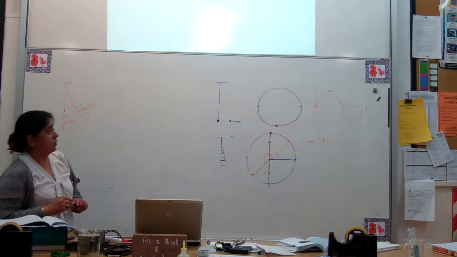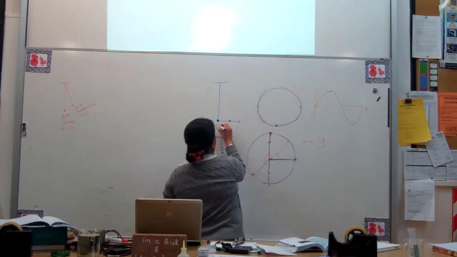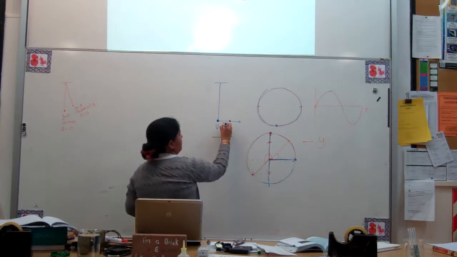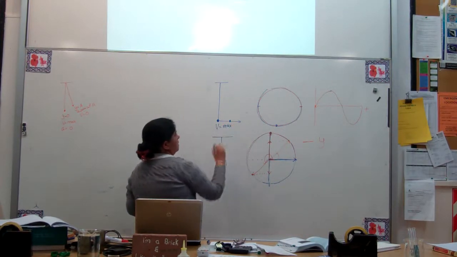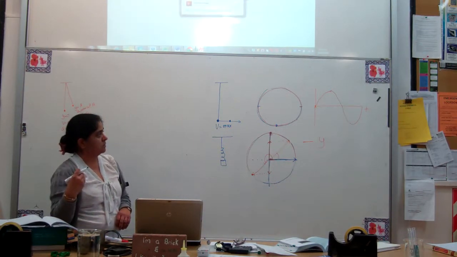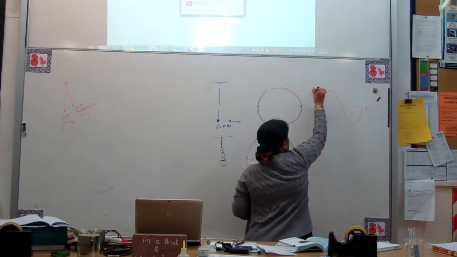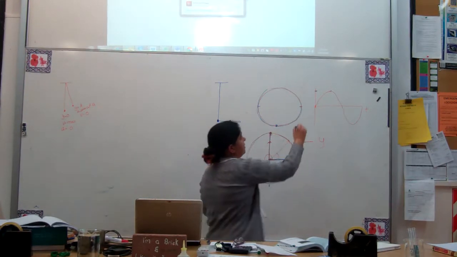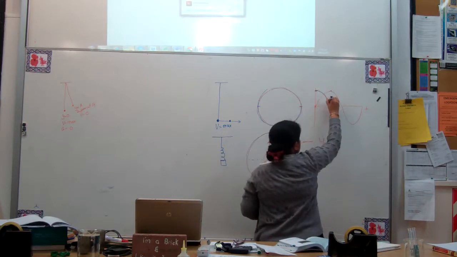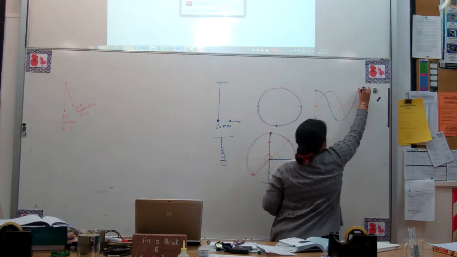If I have to show now velocity on here, what is velocity at equilibrium? Maximum. And where should I start maximum velocity at t equals 0? Here. And then comes down and then goes up again.